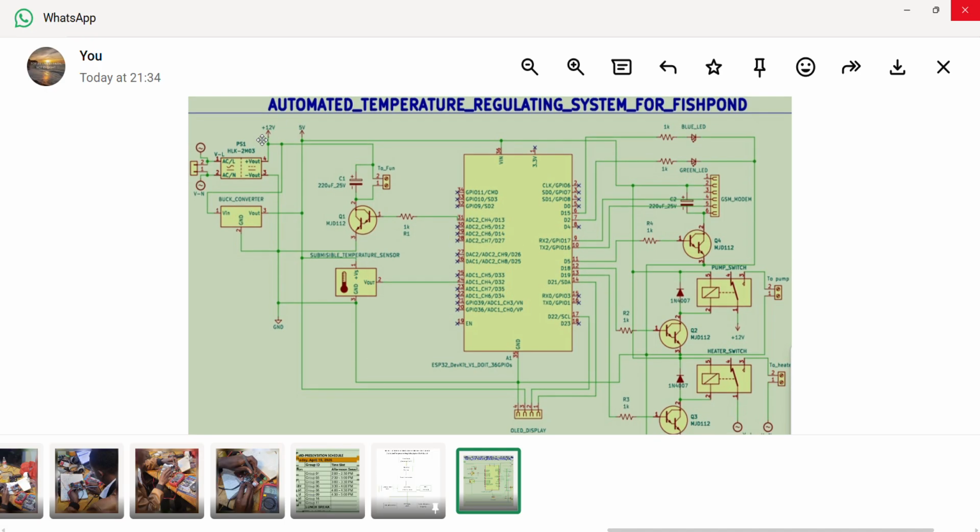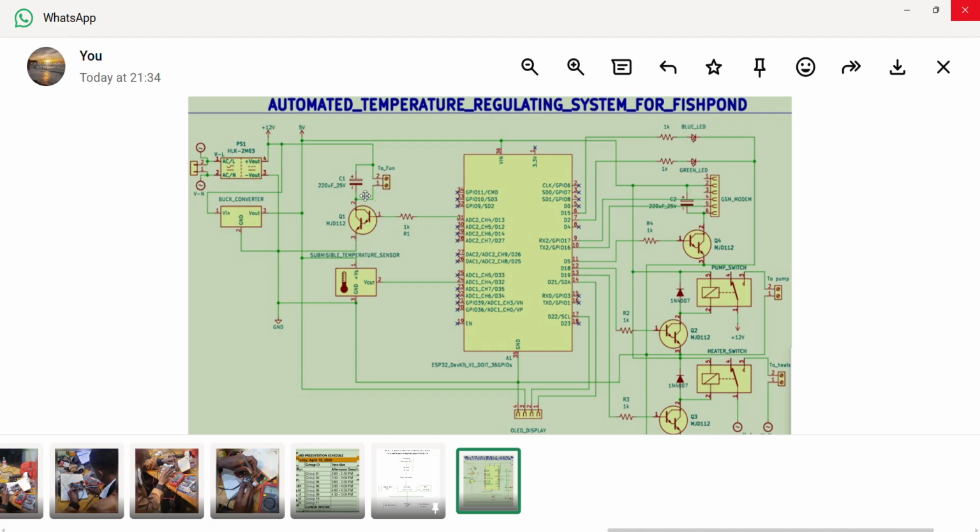Now from here, this is our supply. After supplying, you go to the fan. This is our fan, and this one is a transistor.